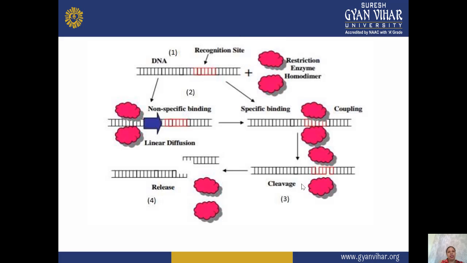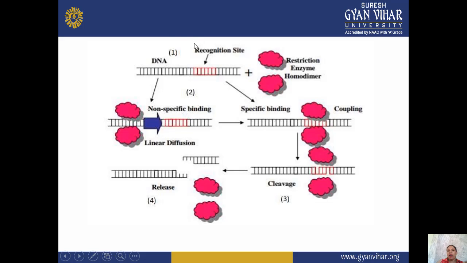Here you can see the structure of DNA, and here the recognition site is there. First is recognition of this site. Second, we have discussed specific and non-specific binding. This is the recognition site of DNA and this is the restriction enzyme homodimer.